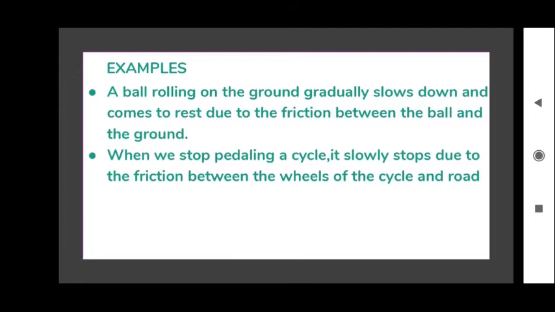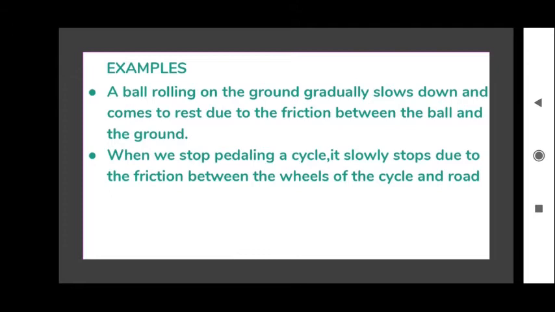Similarly, which we can perform at home, when you take your two hands and rub the palms against each other, because of the frictional force created between these two rough surfaces, you can see some heat being produced. Here also friction plays an important role. So these are a few examples of friction.